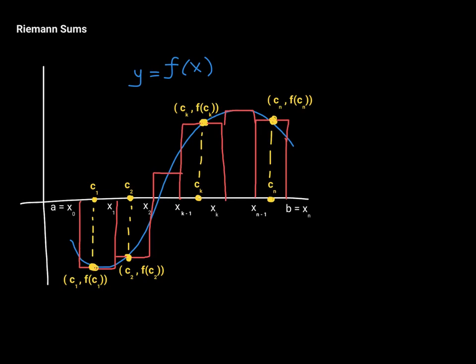Now, f of c sub 1 is negative because it's below the x-axis. So this rectangle here shows below the x-axis. And these rectangles are above the x-axis because f of c sub k and f of c sub n are positive. Now, f of c sub 1, f of c sub 2, and so forth are negative.